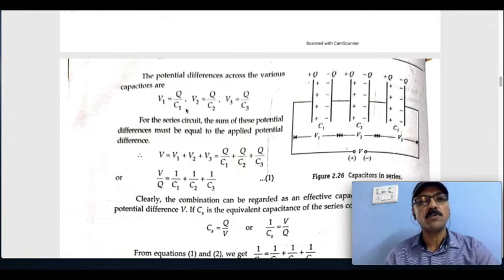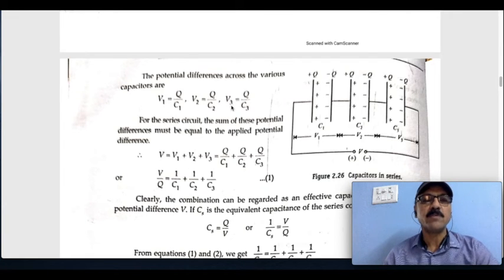So V equals Q by C. Thus V1 equals Q by C1, V2 equals Q by C2 and V3 equals Q by C3, because the potentials are different and the charge is the same, Q, Q, Q. So the total potential V equals the sum of the individual potentials of each capacitor: V equals V1 plus V2 plus V3.